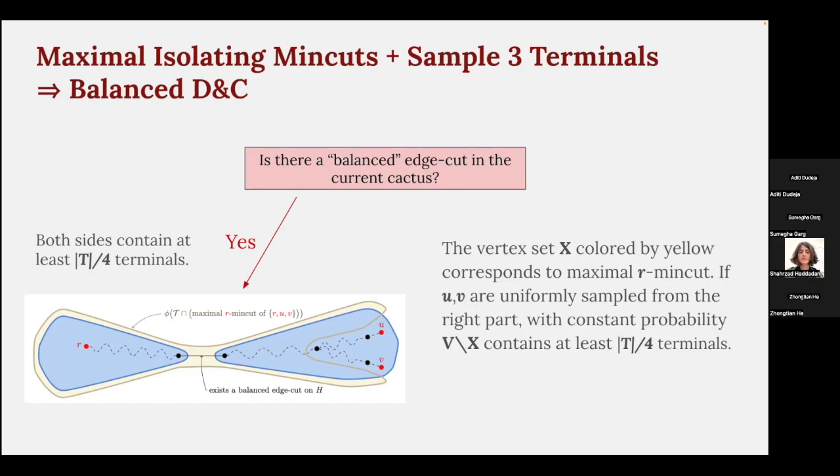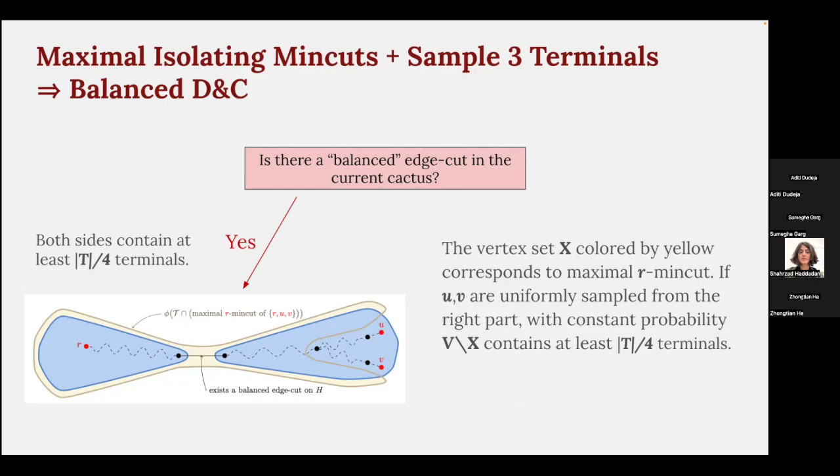This is not the balanced isolated cut; this is a balanced edge cut on H, and it is also a Steiner min cut for R, U, V, but our algorithm is not guaranteed to find this cut. I say that it is guaranteed to find some balanced cut. Can you give an intuition on that?